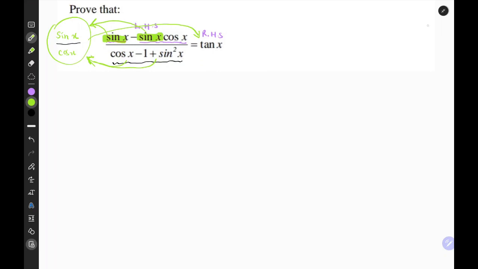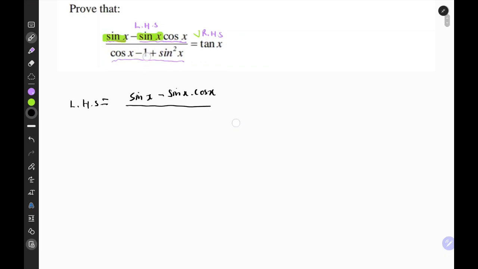That's an identity. So the objective would be to write the denominator in terms of cos of x, because it's something that we want to factor out in the denominator, knowing that we can factor out sin of x in the numerator.